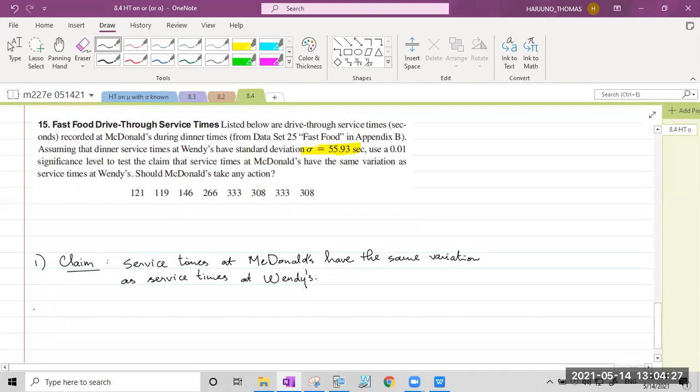Okay, so let's see, step 2, hypothesis. The same variation, so sigma equals 55.93. Alternate hypothesis, sigma is not equal to 55.93.